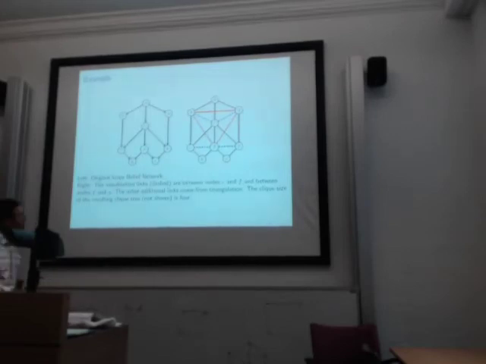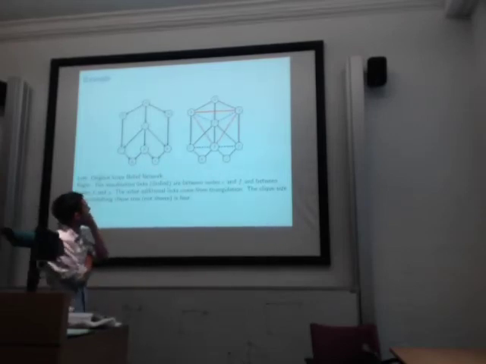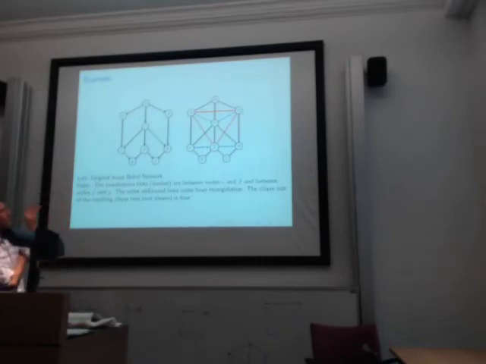So the red ones are triangulation links, which we're going to include. So let's say, why do we need this link B, D?